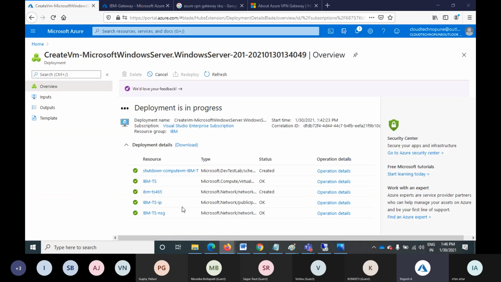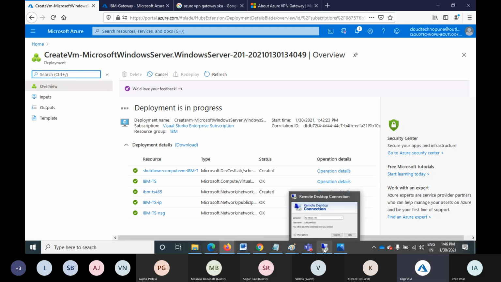Okay, so this is our machine, a Windows machine, which is created under the IBM infrastructure. We'll take the RDP.